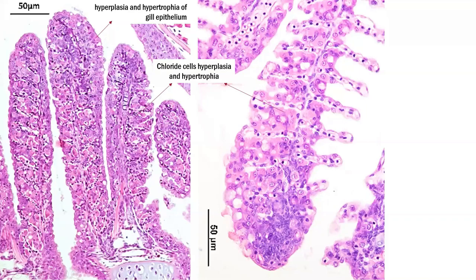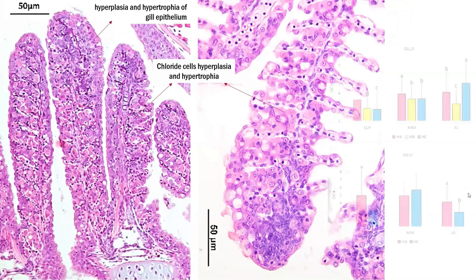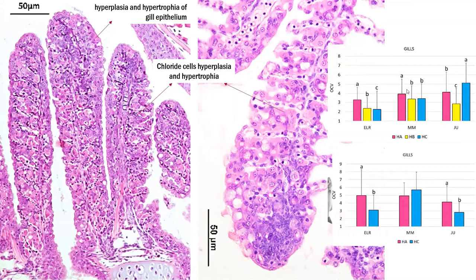You can see the hyperplasia and the hypertrophy of the gill epithelium, but also of the chloride cells, and analyzing the OCV, in some cases it exceeds the 3.5 threshold, and so the OCV explains well that in some cases, for some fish, there is a problem related to the gill.